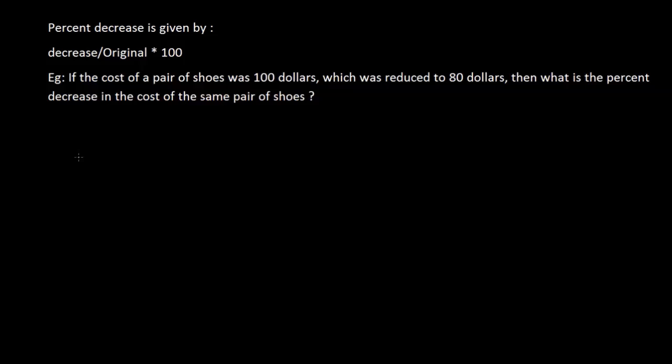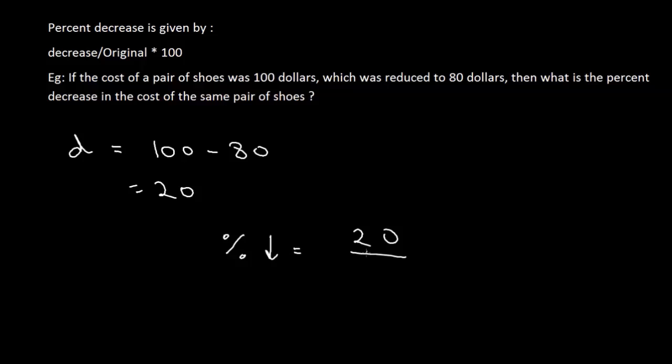So how do we first find the decrease? So decrease is equal to 100, that was the original price, minus 80, that was the reduced price. So the decrease is equal to 20. Now putting this value in the formula, we have the percent decrease is equal to 20 upon the original value, that is 100, into 100 for percentage.